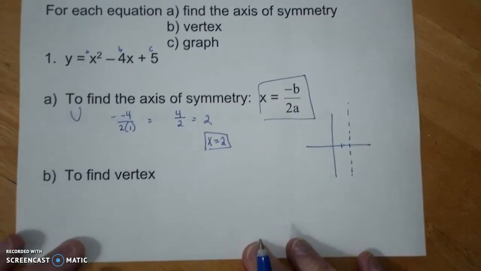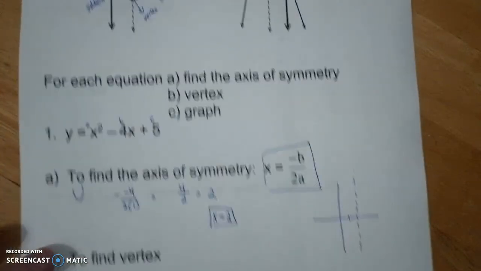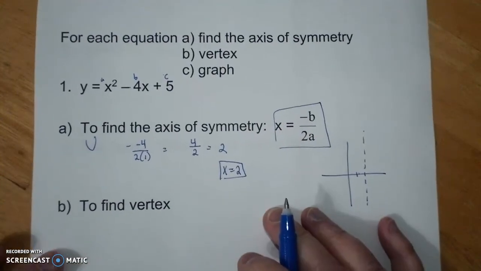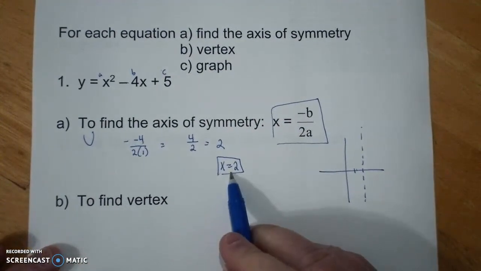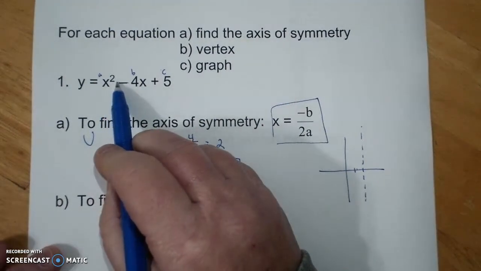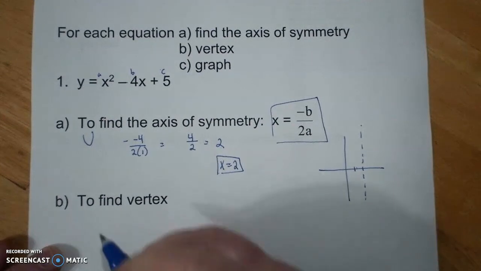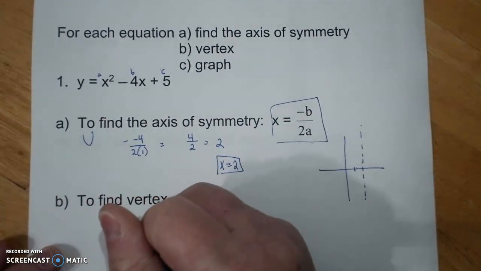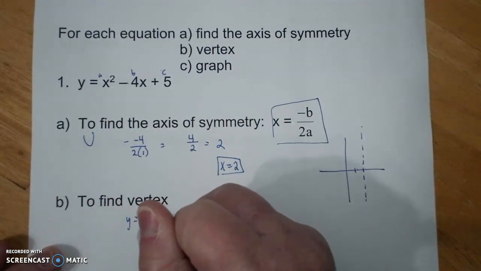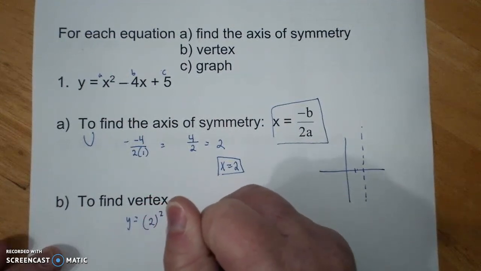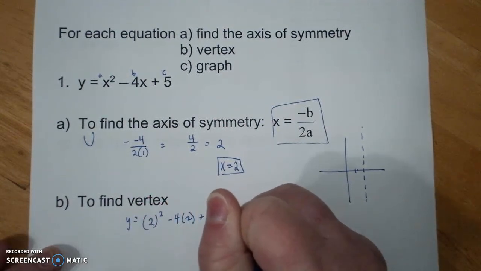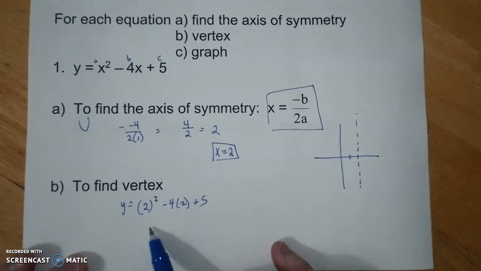Now to find the vertex, I'm going to substitute x into my equation to find my y value. So I'm going to say y equals (2) squared minus 4 times (2) plus 5. Notice I'm putting these in parentheses.